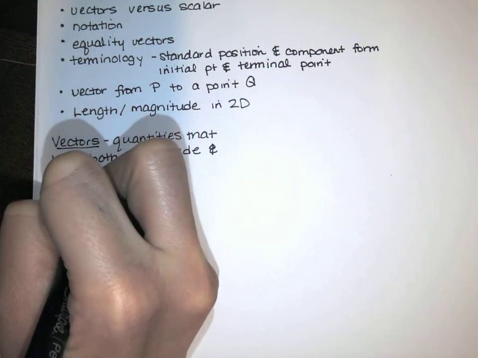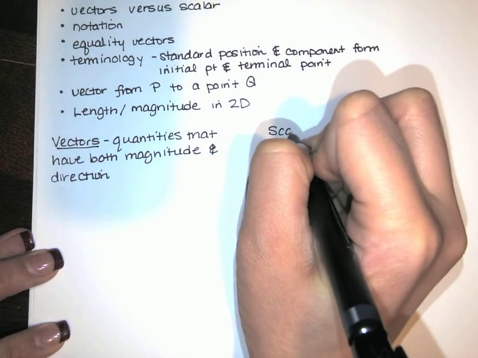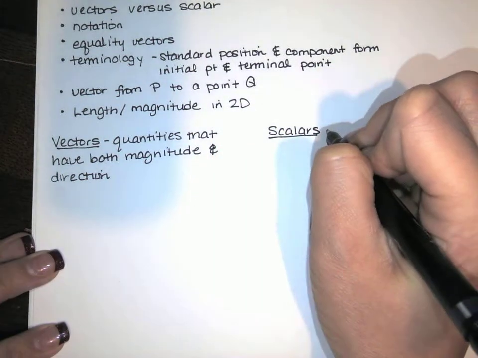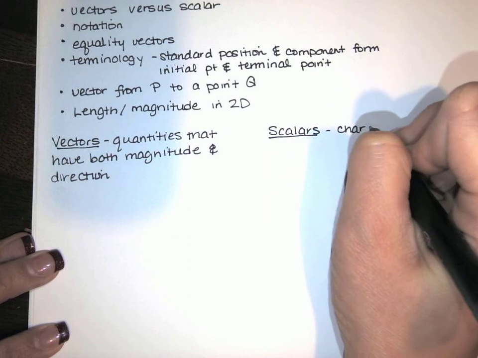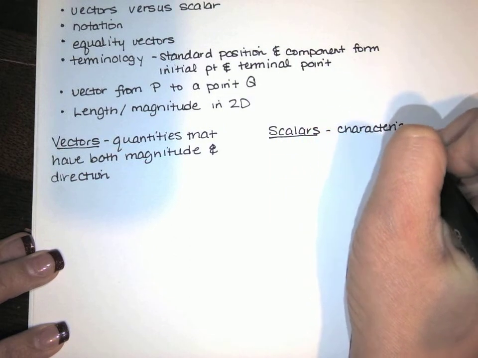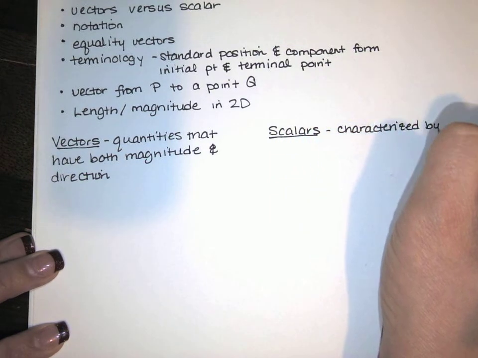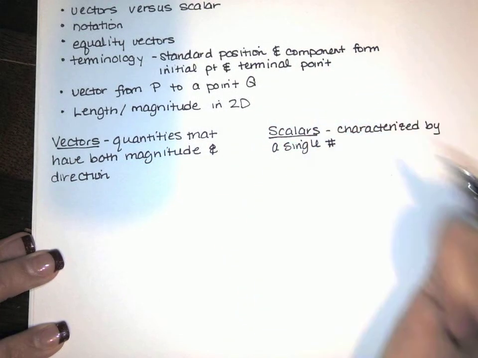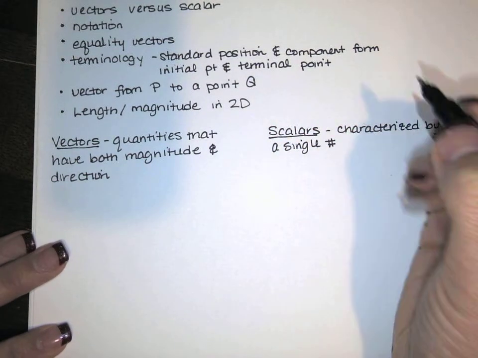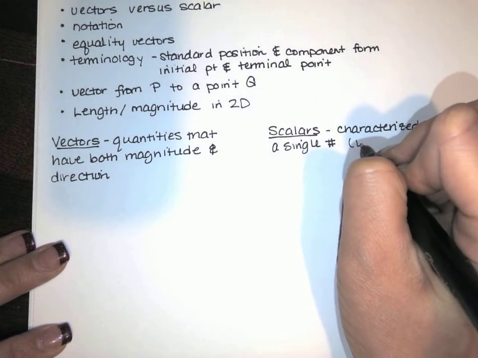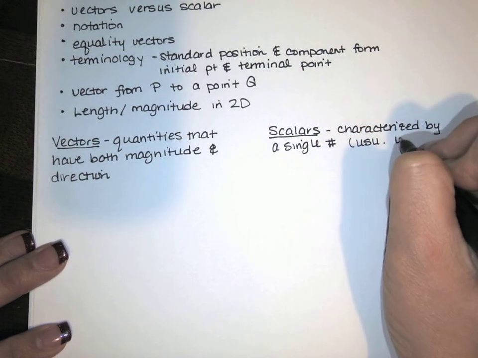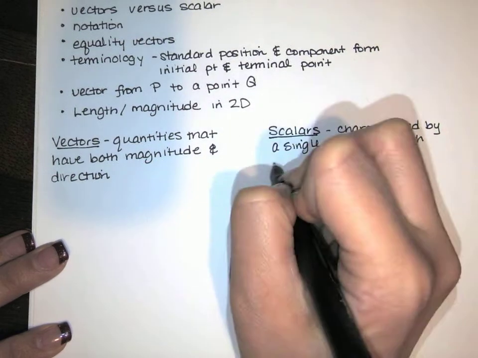While scalars are quantities that are characterized by a single number. Therefore in physics or chemistry, usually the single number has certain units.